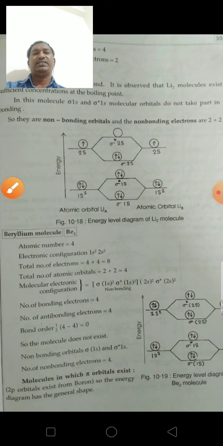So these 1s atomic orbitals combine to form 2 molecular orbitals, that is sigma 1s and sigma star 1s. Next, the 2s atomic orbitals combine to form 2 molecular orbitals. These are the sigma 2s molecular orbital and the sigma star 2s orbital.